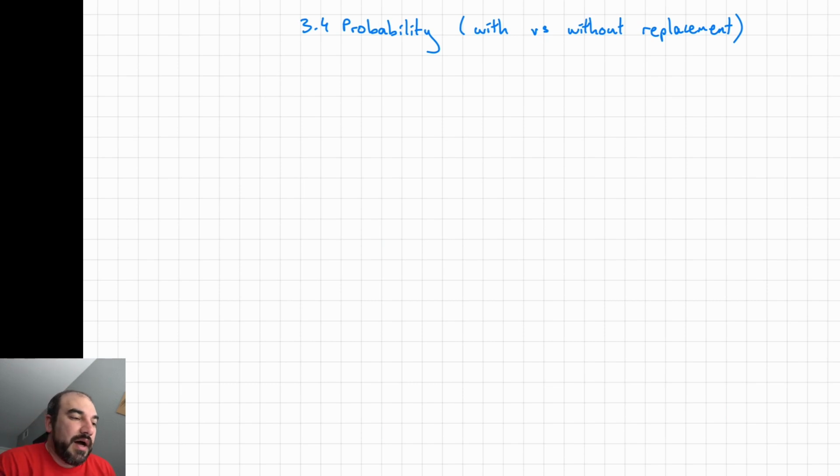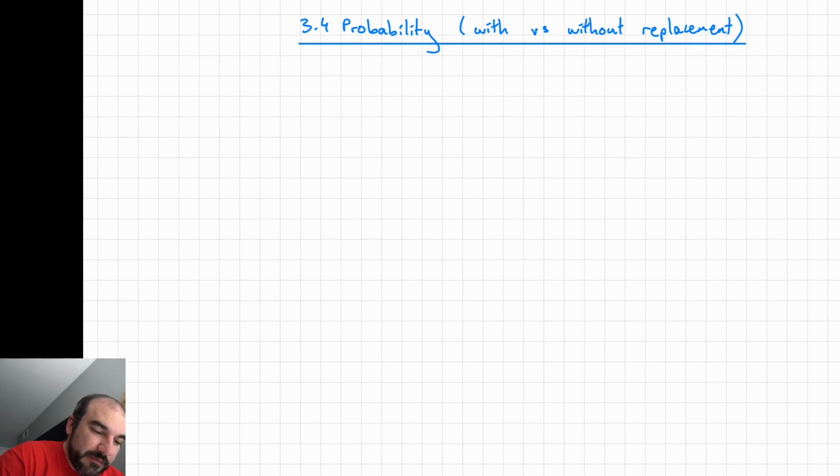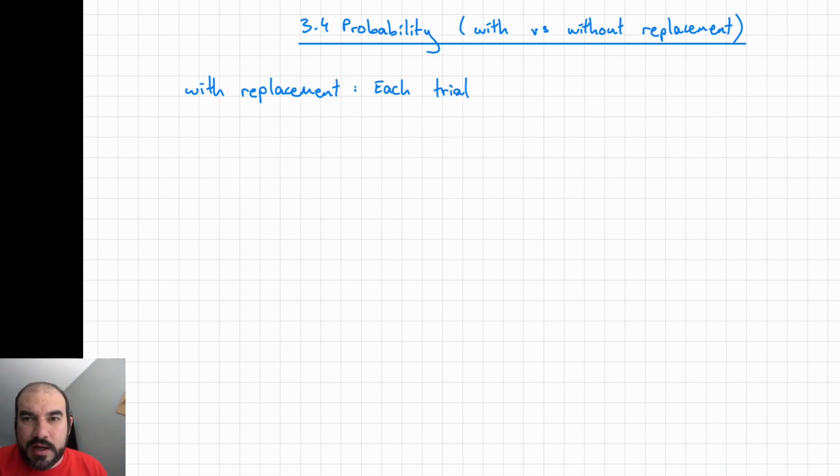So, things like that. First thing we need to know is whether or not the process is being done with replacement or without replacement, because that's going to drastically change the calculation that's being done for the probability. So with replacement means that each trial, and I'm calling it a trial, this is just each time an action is done in the process.